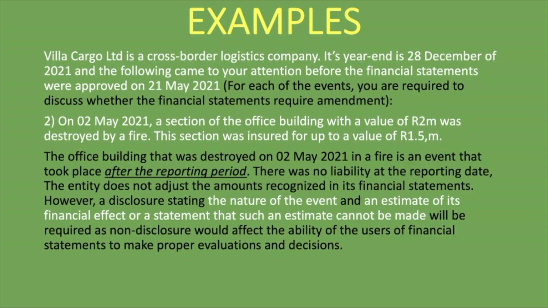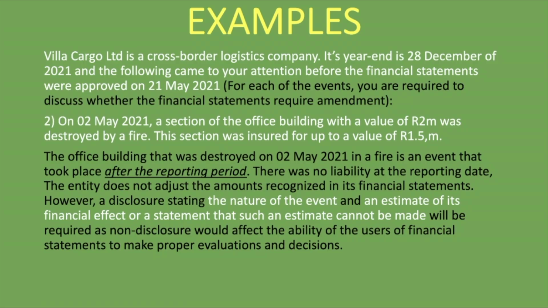However, a disclosure stating the nature of the event, explaining exactly the event surrounding the fire, and an estimate of its financial effect, or a statement that such an estimate cannot be made will be required, as non-disclosure would affect the ability of the users of financial statements to make proper evaluations and decisions.